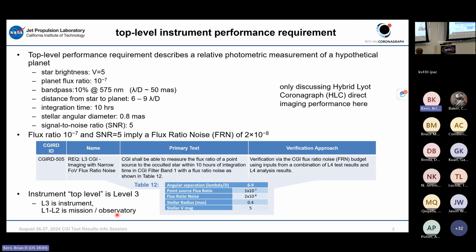That includes things like the telescope has to do what the telescope needs to do for us to make this measurement. And the ground systems have to operate, all that. So the mission and the observatory are responsible for all this. At the instrument level, we come in at what's called a level 3 requirement.